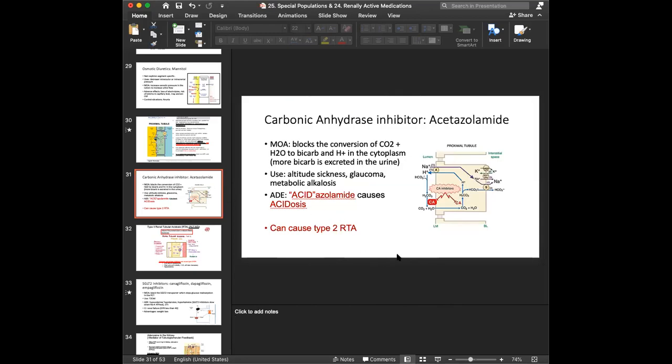So here's our carbonic anhydrase inhibitor, and know that this can cause a type 2 renal tubular acidosis. The way you can help remember this is acetazolamide, our carbonic anhydrase inhibitor. Acetazolamide causes acidosis, so the acid in both can help you remember that.